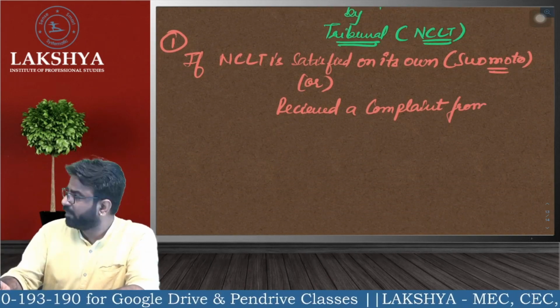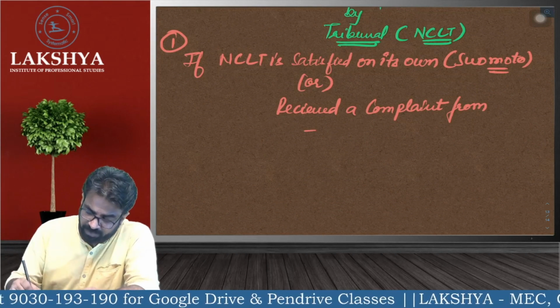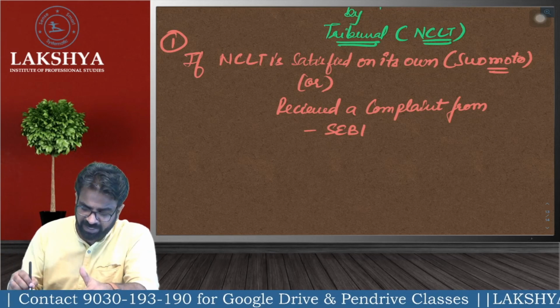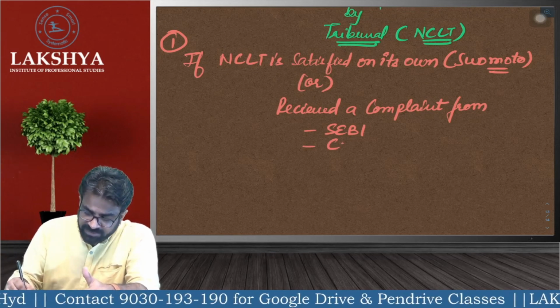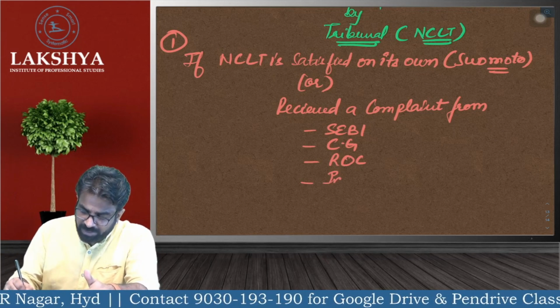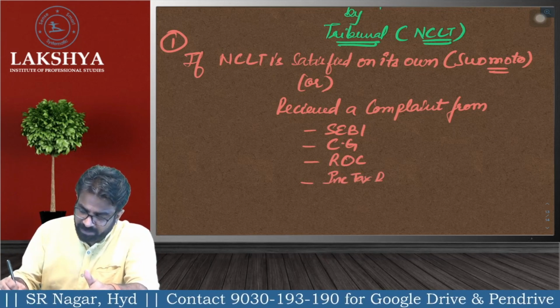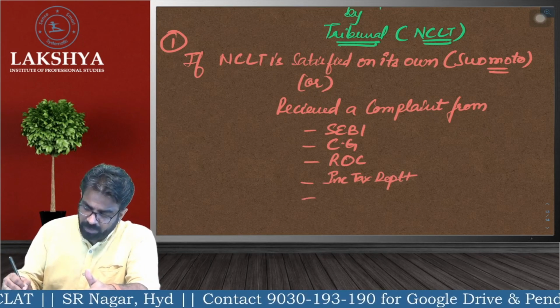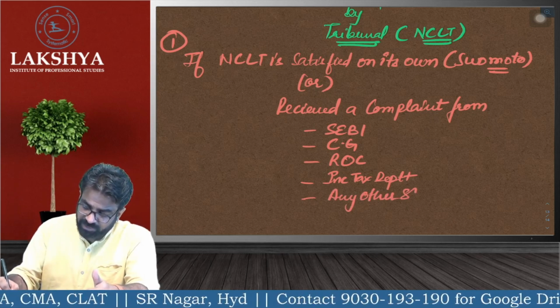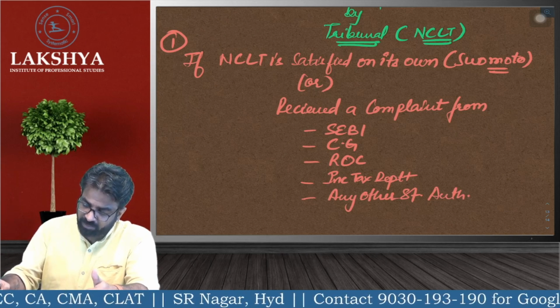Sir, complaint from whom? Received a complaint from SEBI. Either SEBI has complained to the NCLT or the central government has complained or ROC has complained or the income tax department has complained, or any other statutory authority has complained. Are you understanding the point?